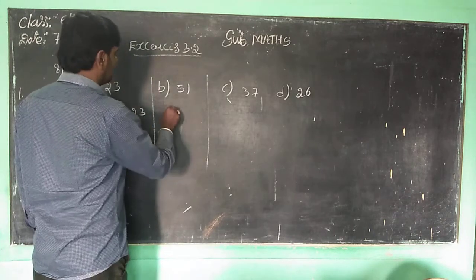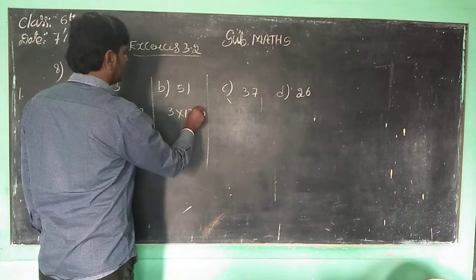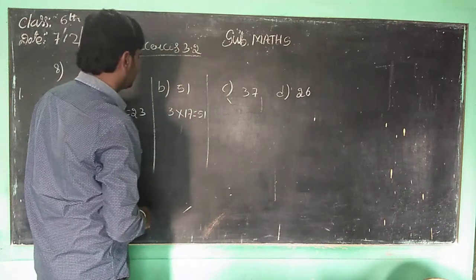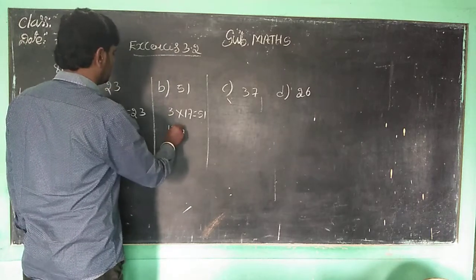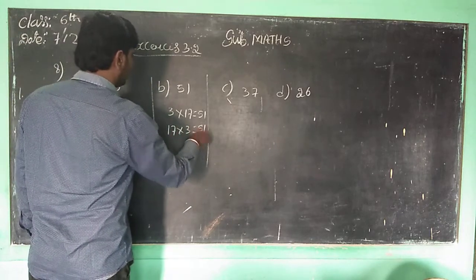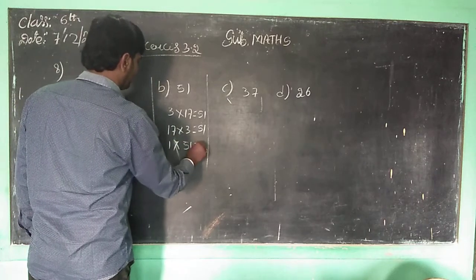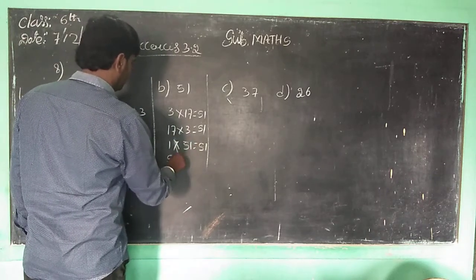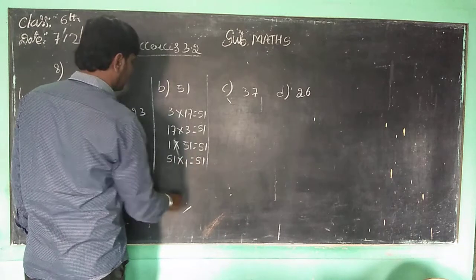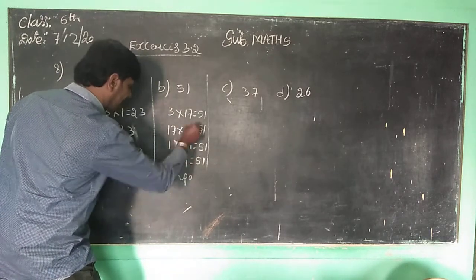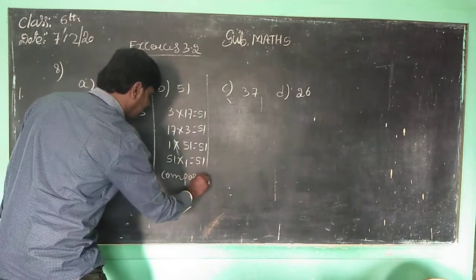So children, 3 into 17 is equal to 51. Correct children? 17 into 3 is equal to 51 and 1 into 51 is equal to 51 and 51 into 1 is equal to 51. So this is not a prime number, it is a composite number. So more than 2 factors, so these are composite numbers.